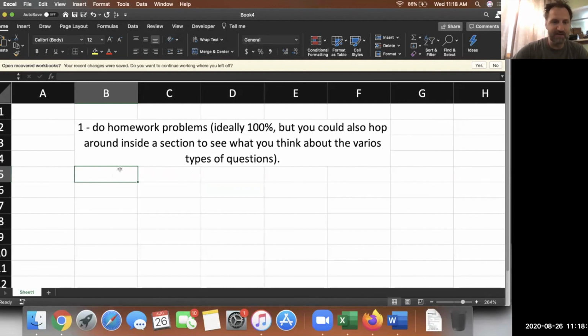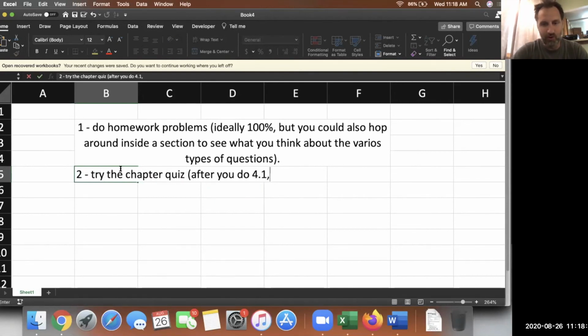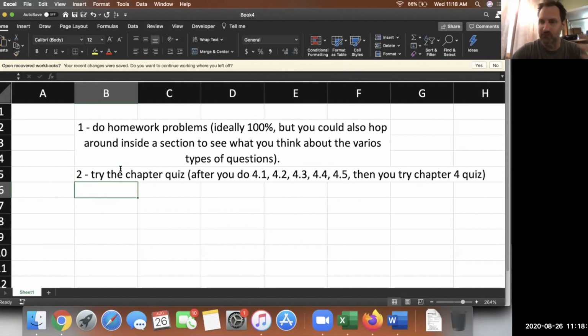The next phase after you do the homework is to try the chapter quiz. So the chapter quiz is, after you do 4.1, 4.2, 4.3, 4.4, and 4.5, then you try the chapter 4 quiz. You don't do the chapter 4 quiz until you've really looked at all of the homework.